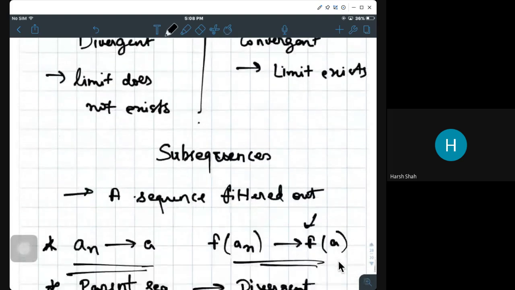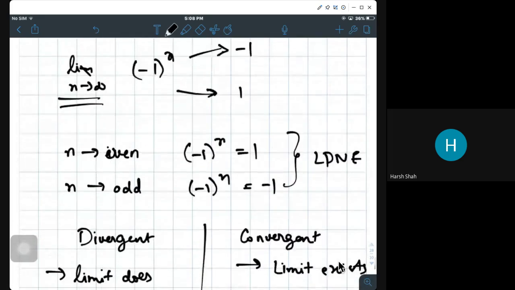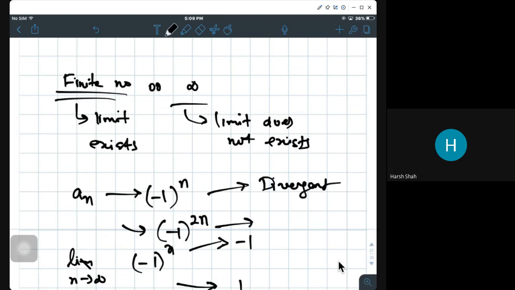I'll show you with the help of an example. First one is intuitive. Second one, you see, this is divergent, correct? But if I filter out the terms of this type, (-1) to the power 2n, will it become convergent? How many of you agree to this?